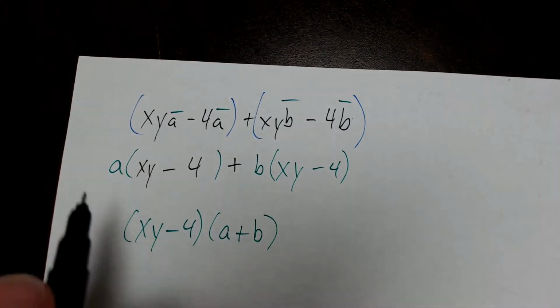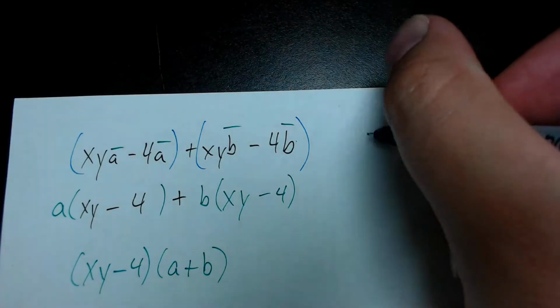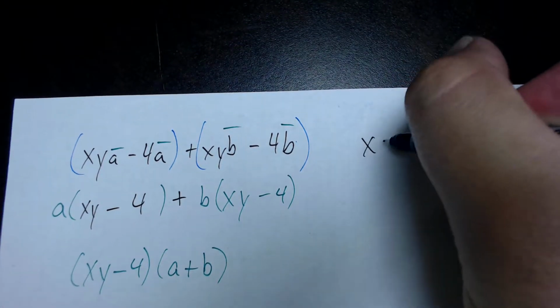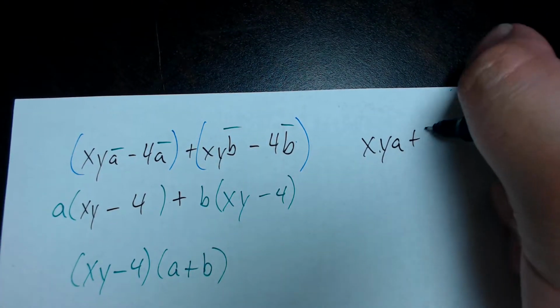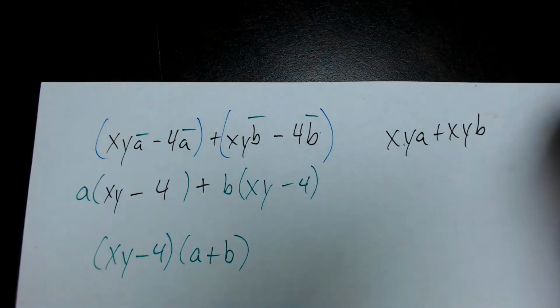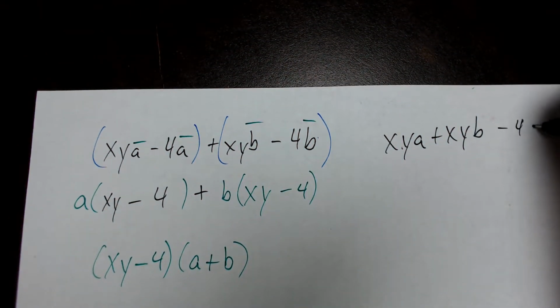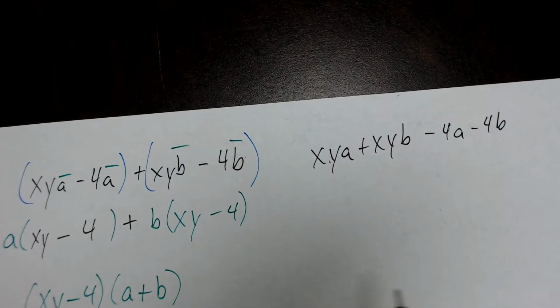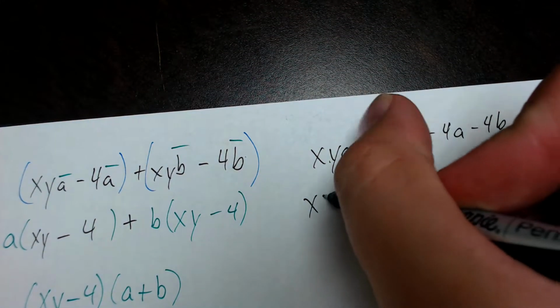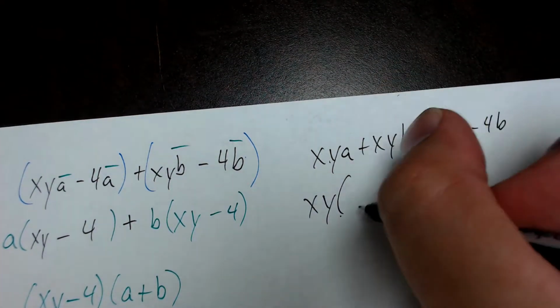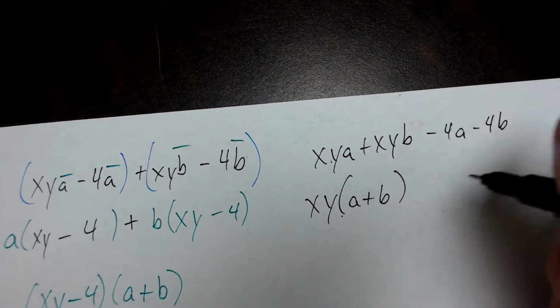So to factor the xy first, I would have rewritten the problem as xya plus xyb minus 4a minus 4b. Here I would have factored xy out as the greatest common factor, leaving a plus b.